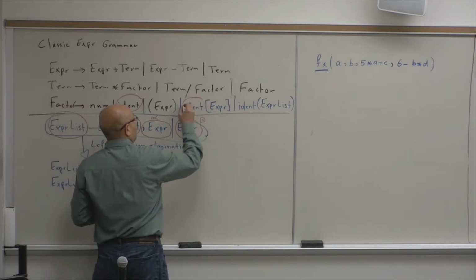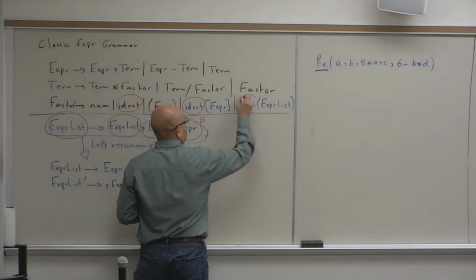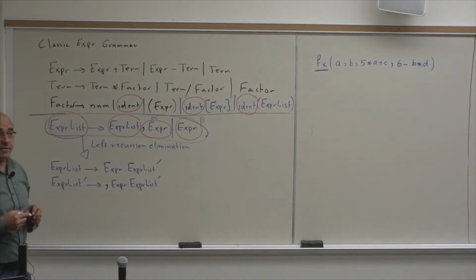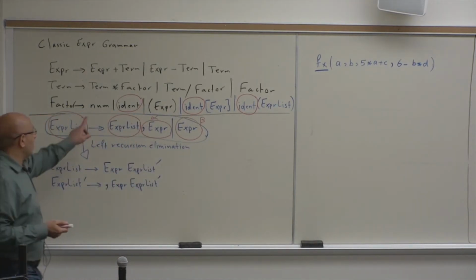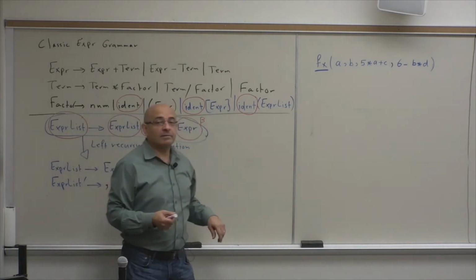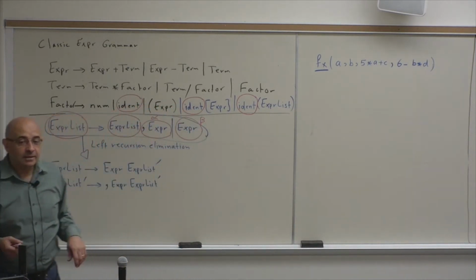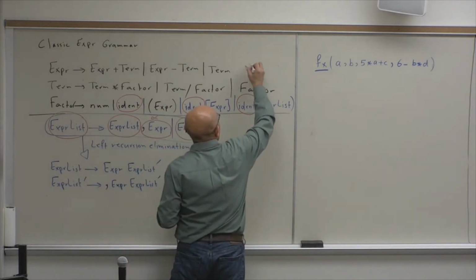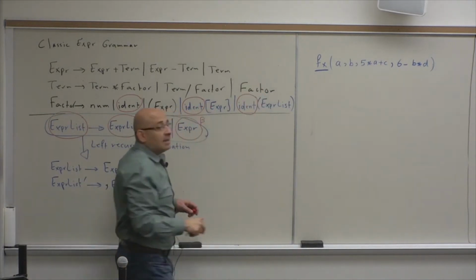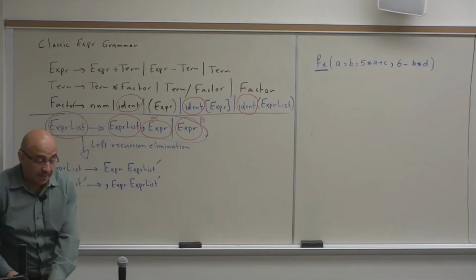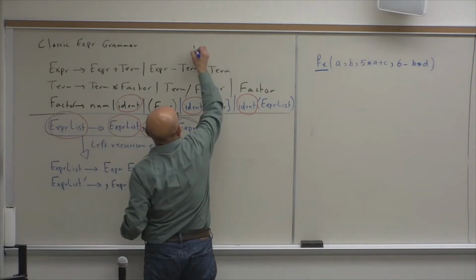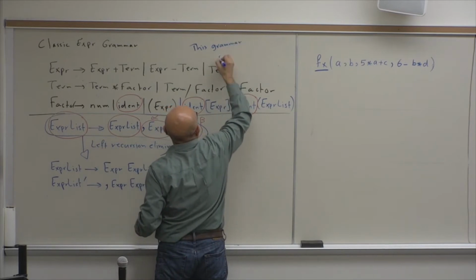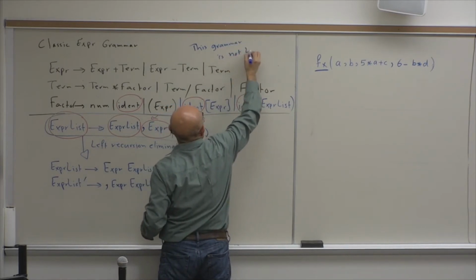This can start with an identifier, this can start with an identifier, and this can start with an identifier. So you have three alternatives that can start with an identifier. So clearly this is not. Now we cannot say that the language is not LL1. We can say that this grammar is not LL1.